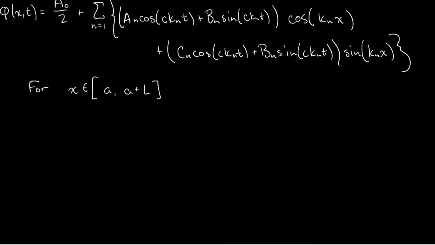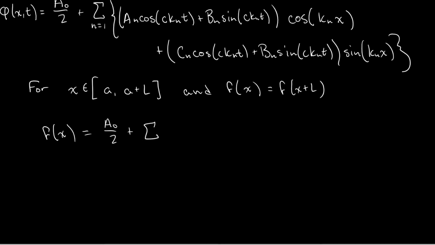It doesn't have to be 0. It can be any range. And f of x equals f of x plus L. I can expand a function that satisfies these in a similar way to how I did before.